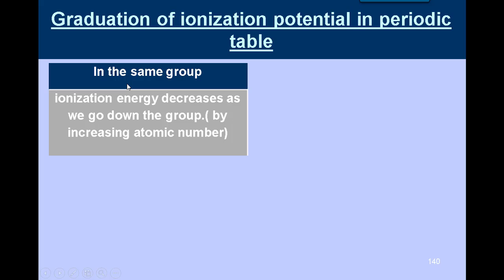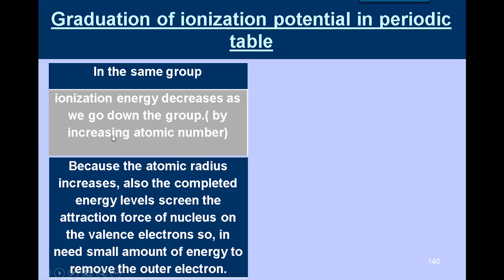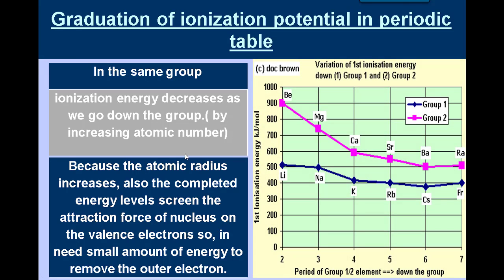Graduation of ionization potential in the periodic table. In the same group, the ionization energy decreases as we go down the group by increasing the atomic number. And you can observe that the ionization potential or the ionization energy is opposite to the atomic radius.